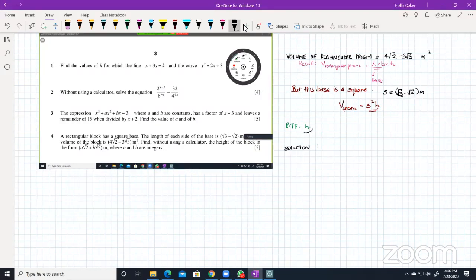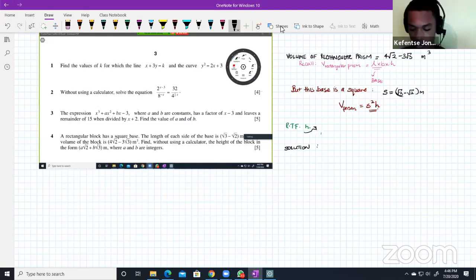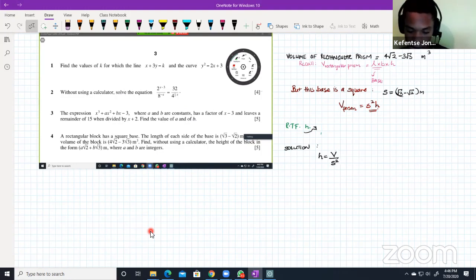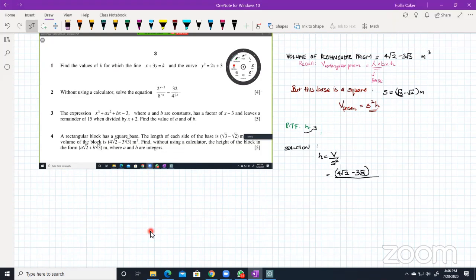If you're required to find h, then h will be V over s squared, which in this case will be 4 root 2 minus 3 root 3 all over root 3 minus root 2, all squared.